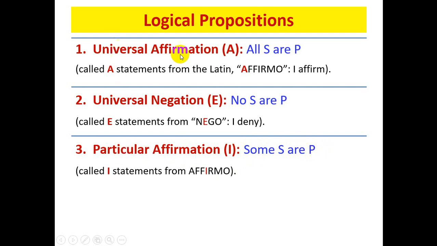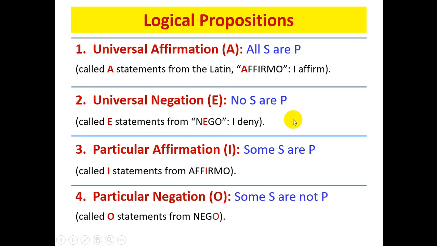It is not universal like all or every. So it is called the particular affirmation, something like some S are P. And it is referred to as I because of the word affirmo, but this time we take the letter I instead of the letter A.